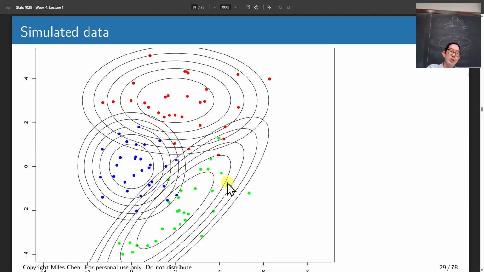So this is what our simulated data look like, and these ellipses represent the parameters of the distribution that generates our values.